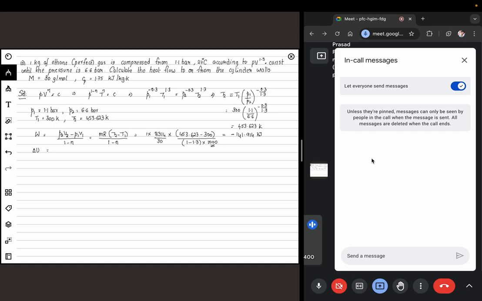Again, the change in internal energy is given by mCv delta T. So how do I calculate Cv? We know the value of R, 8.314 by 30 kilojoule per kg Kelvin.